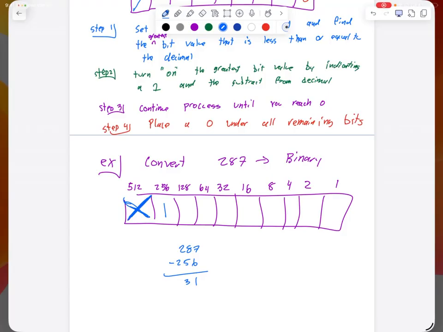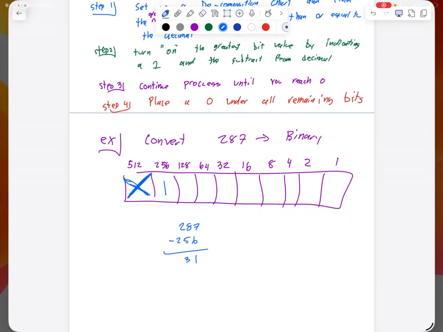Because in order to get 32, it's going to be 1, 1, 1, 1, 1 plus one more. So I can actually skip a step if I want to. If you understand that 31 is 1 less than one of the bit values, everything has to be a 1 below 32, because that's the only way to get 31. You have to have everything on beforehand, because if not, it clicks over to 32.